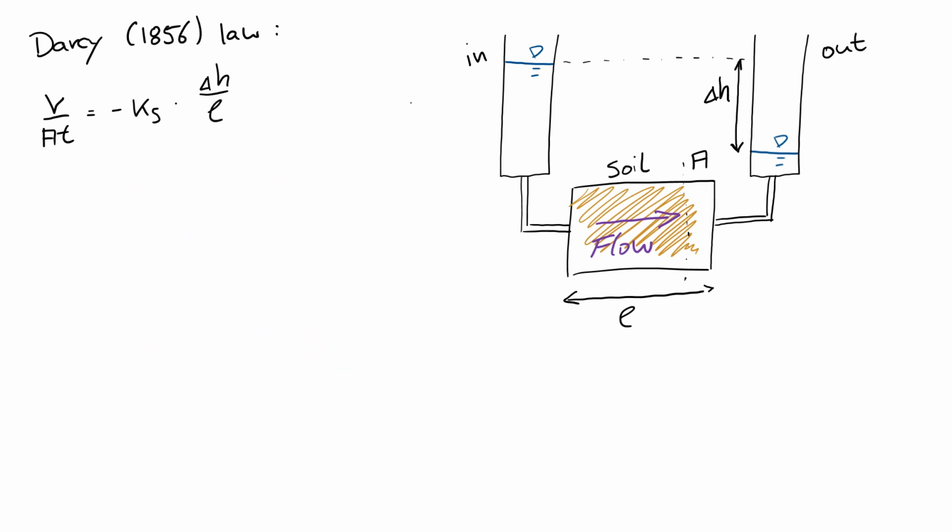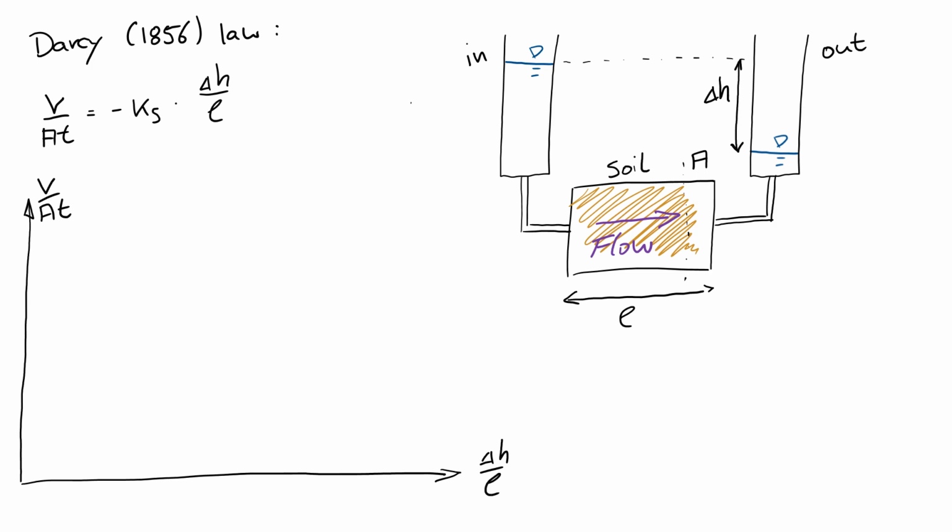So now let's do the experiment that Henry Darcy conducted to come up with the law that is named after him. So we're going to make a little graph on which we will plot measurements of flux, volume per area per time, and of the driving gradient.